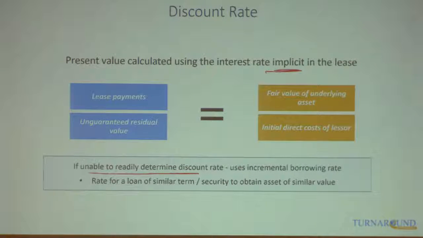You have two companies. One company is strong, one company is weak. If they both pay the same rent, what's going to happen? The strong company has a small discount rate, correct? Has a high net present value, has a high right-of-use asset.